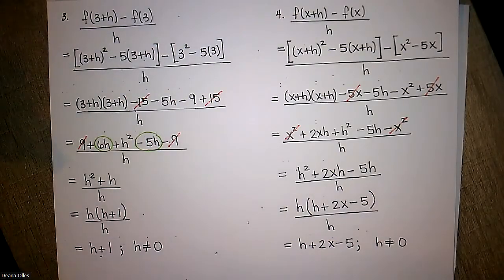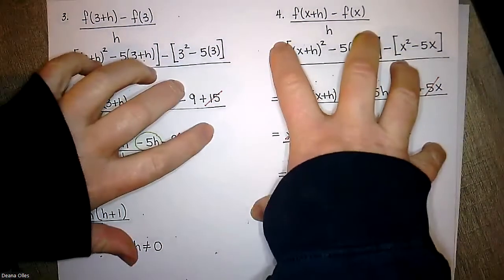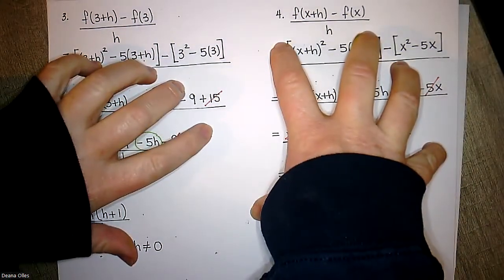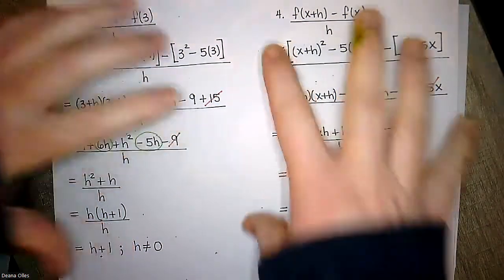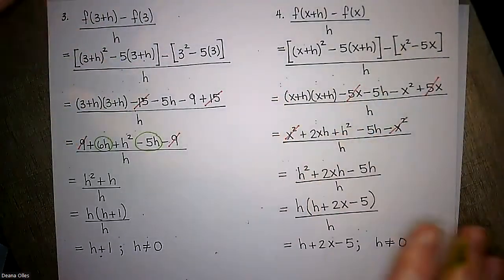This is the type of algebra that you're going to have to do to complete the calculus, but I want to make sure that you all understand that the calculus that you're going to be doing is very minimal compared to the amount of algebra that you're doing. This is going to be the bulk of the grade for that type of problem. Something that you already know how to do from high school.